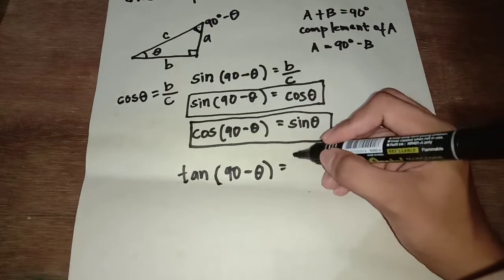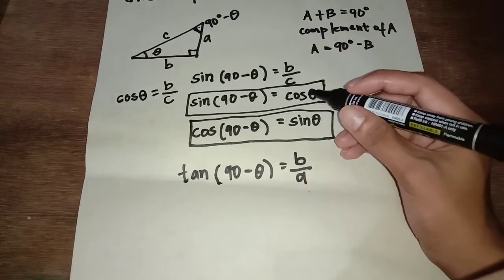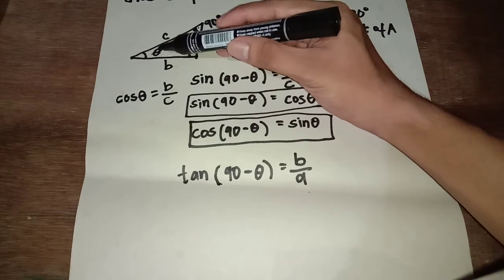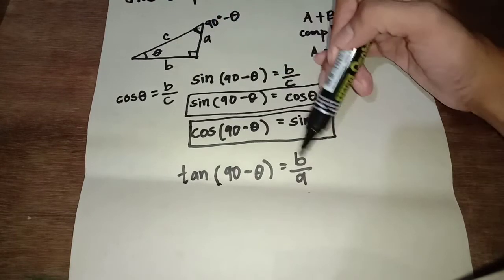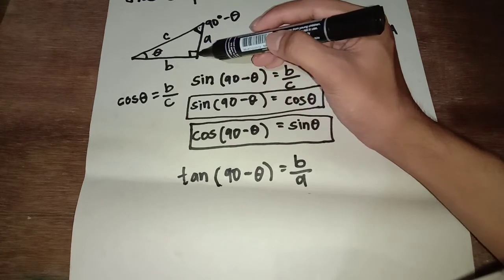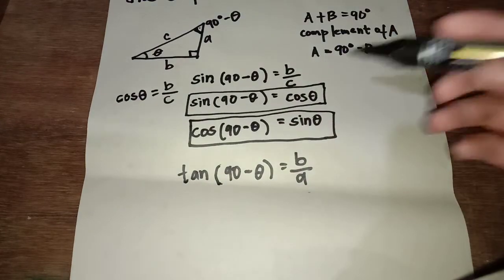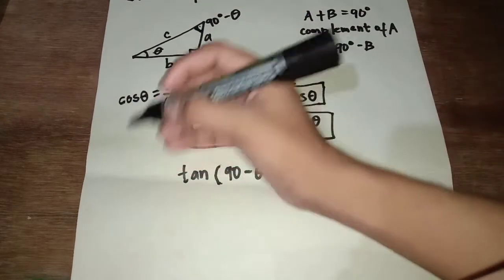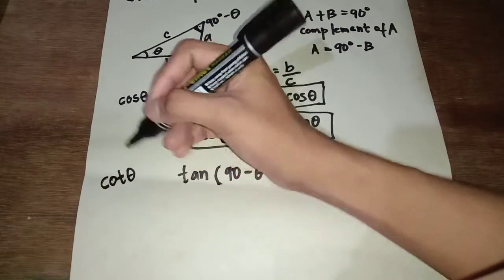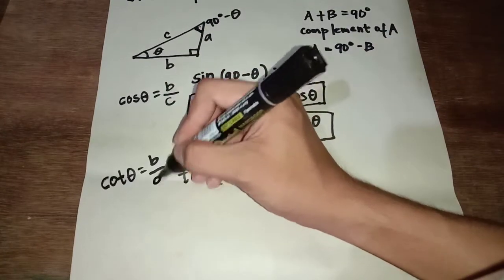So this is B over A. And kung ang reference angle natin na ito, ang B over A is adjacent side over the opposite side, which is a cotangent. So cotangent, tangent theta is equal to B over A.